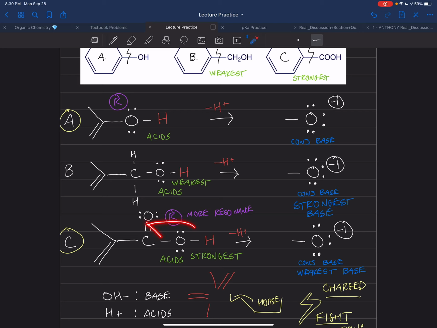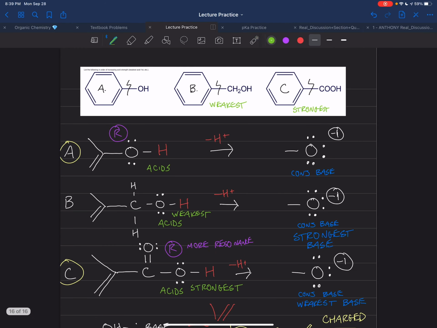You're pulling negative. Yeah, if you're pulling negative, that probably means you're pushing positive more. And if you're pushing more positive and you're pushing more protons, that's going to make you a stronger acid, which is why C is the strongest acid, and this one is in the middle.